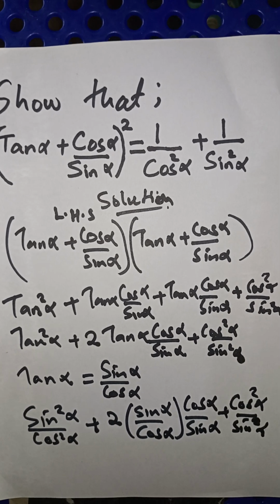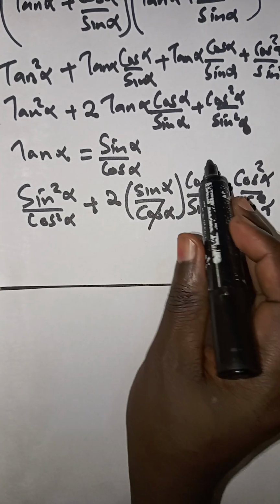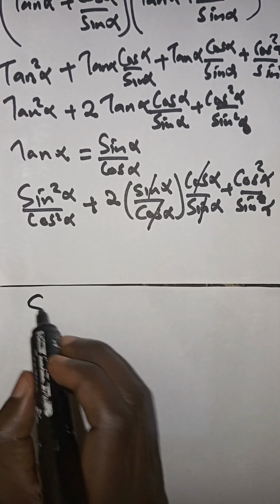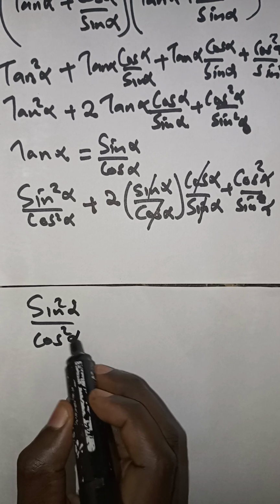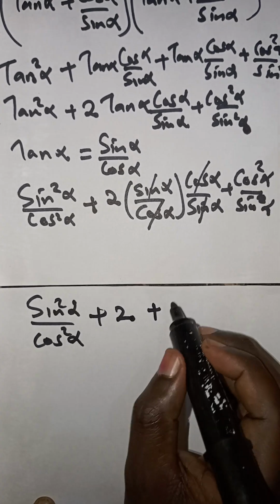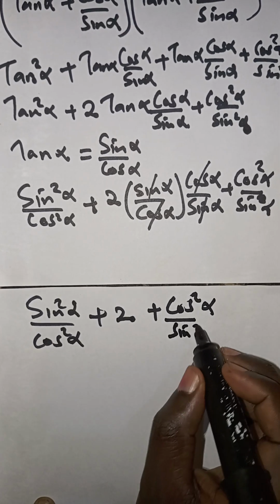At that stage, I should be able to cancel, to remain with sine squared alpha over cos squared alpha plus 2 plus cos squared alpha over sine squared alpha.